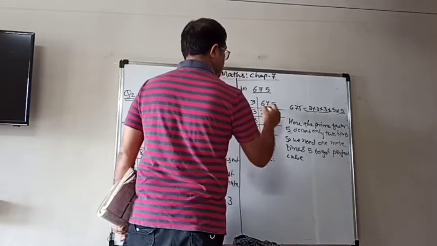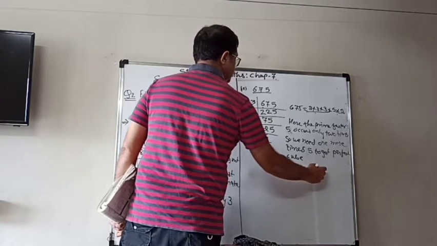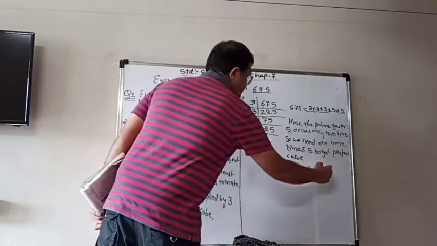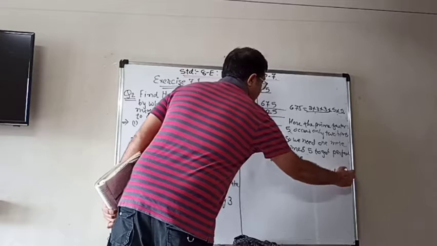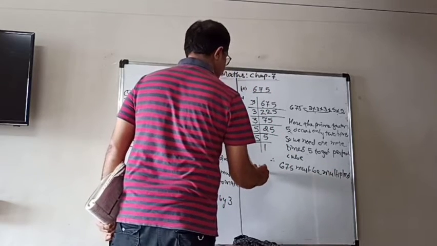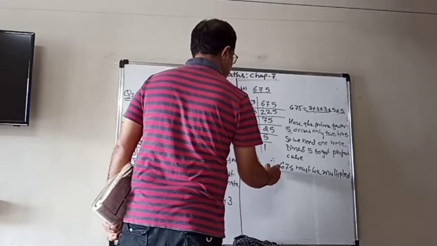Therefore, 675 must be multiplied by 5 to obtain a perfect cube.